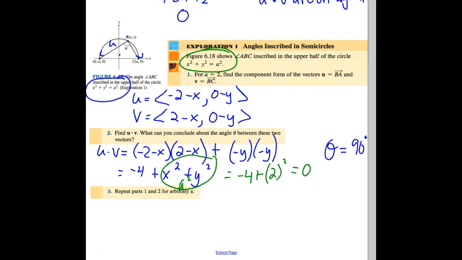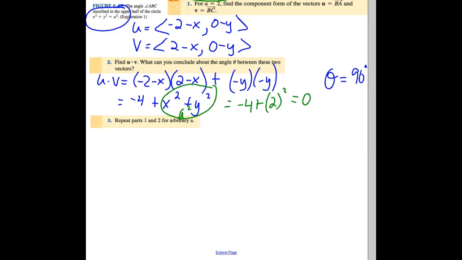Okay, now we went through that proof, that algebraic proof, assuming A was 2. If we go back and put it back as just a generic A, does it still work? Okay, so vector U would have components negative A minus X, 0 minus Y, and vector V would have components A minus X and 0 minus Y. Okay.